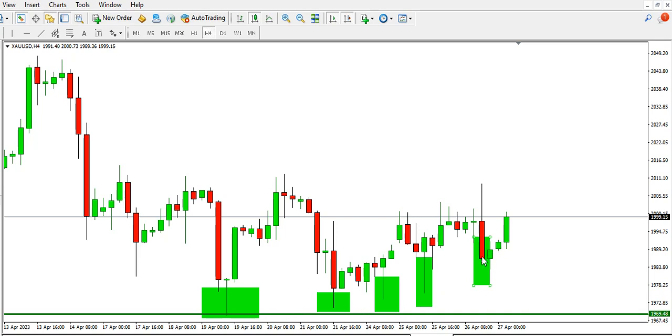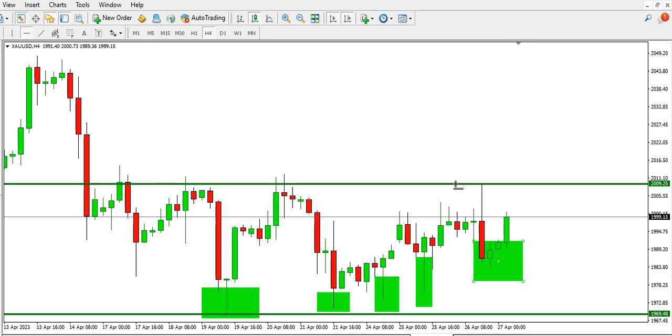But you can see the sharp turn that happened, like a swing, around here on the 4-hour time frame. With this swing, buyers will attempt to push price to this top. All right, so that's the 4-hour time frame.